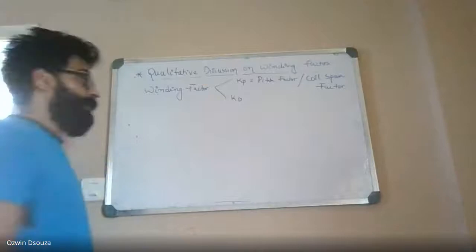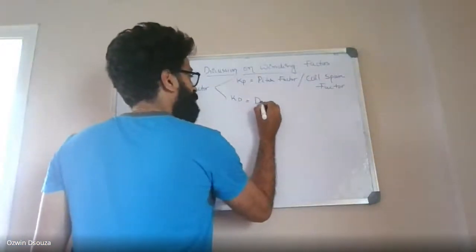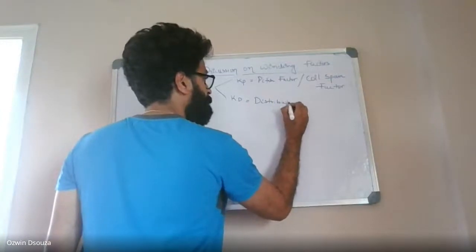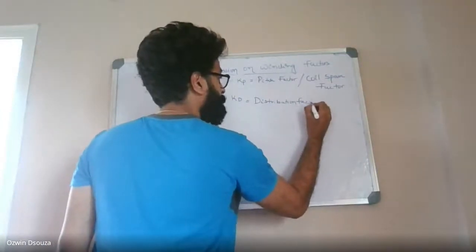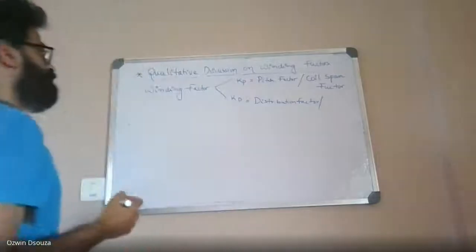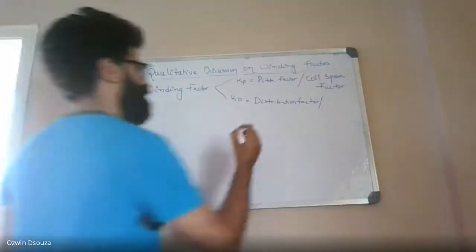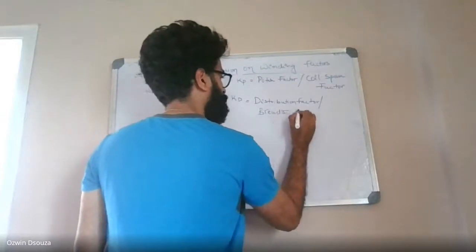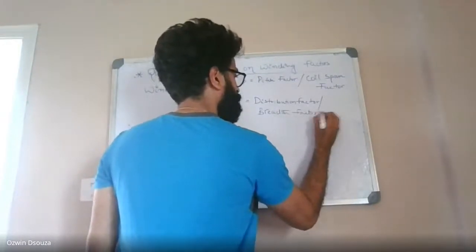All right. On the other hand, Kd is called the distribution factor, or you can also call it the breadth factor.